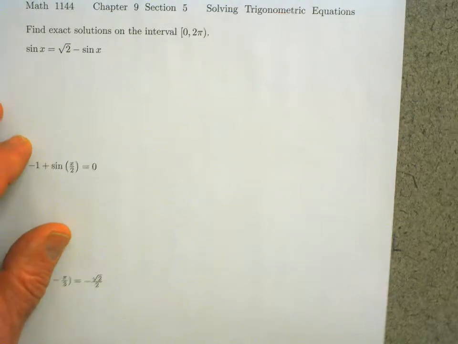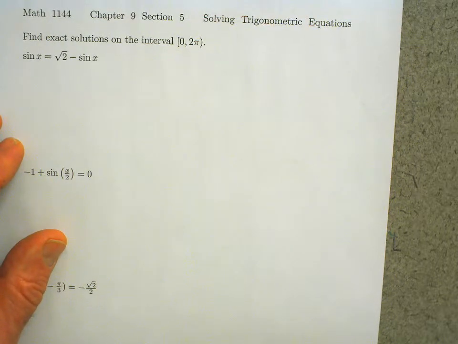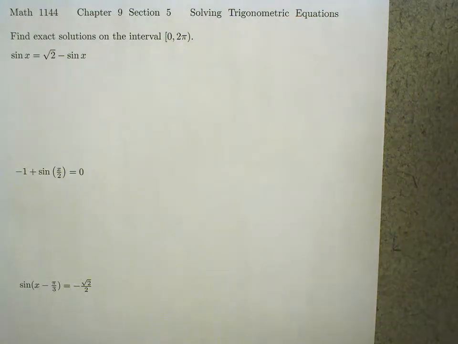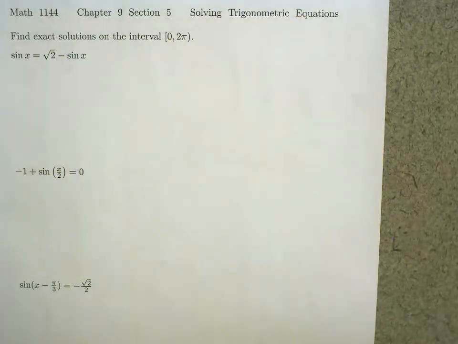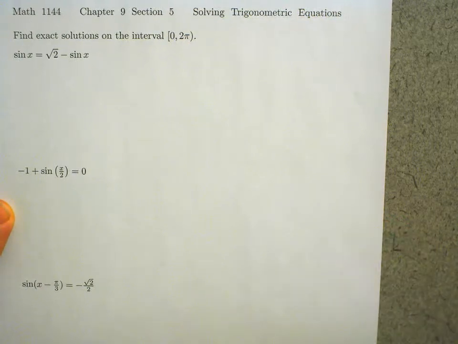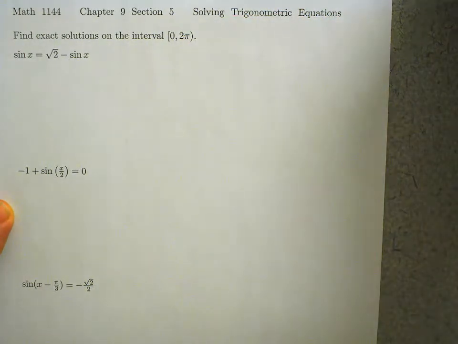Okay, next page. Find the exact solutions on the interval from 0 to 2 pi, excluding 2 pi. So we can add 2x to both sides.